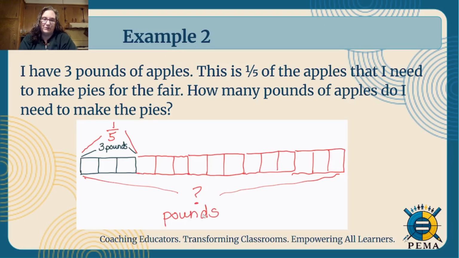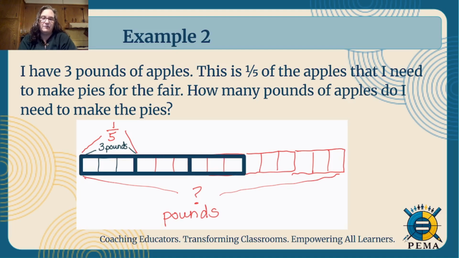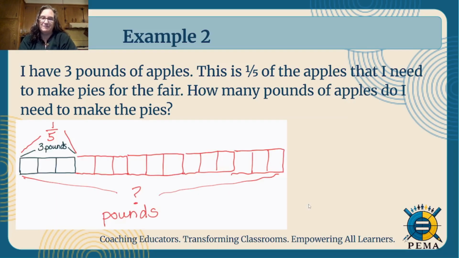So I know that 3 pounds is part of a bigger whole, and there are 5 equal sets of 3 pounds in the total, because 3 pounds is equal to 1/5, or 1 of 5 equal parts that make the whole. And I need to know how many pounds of apples I need to make the pie.